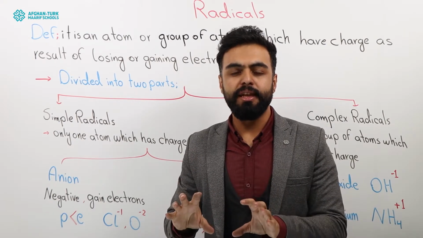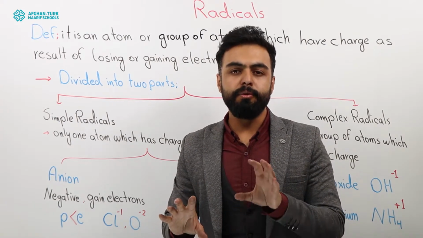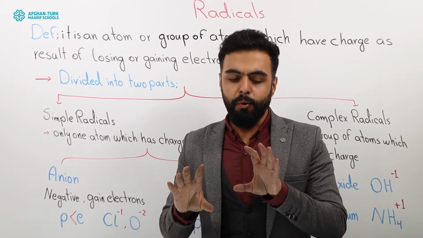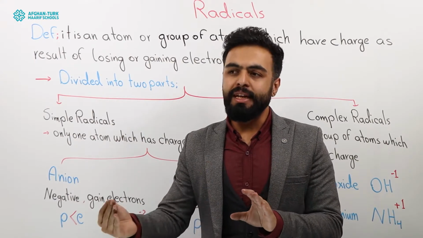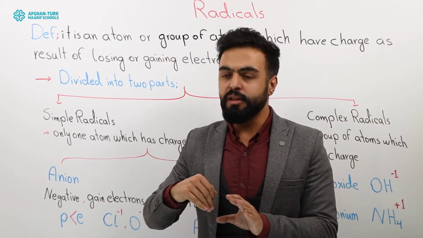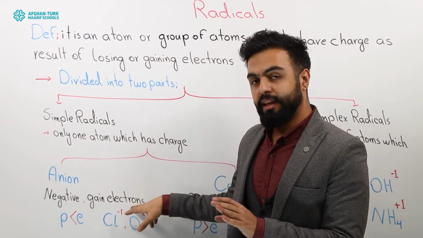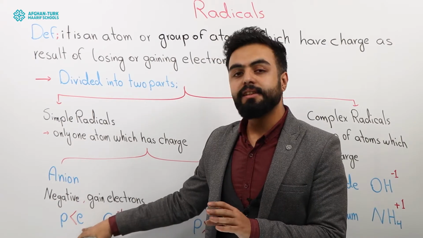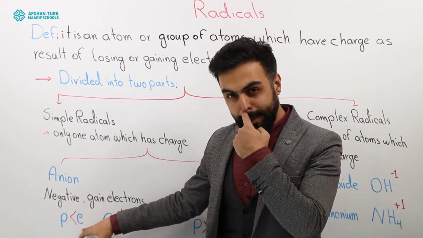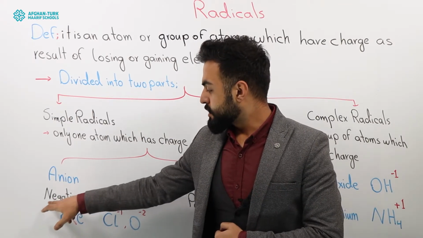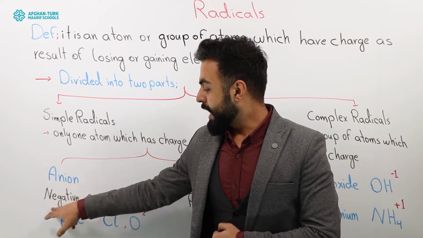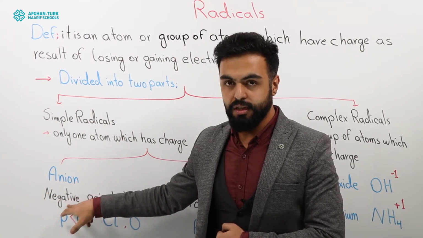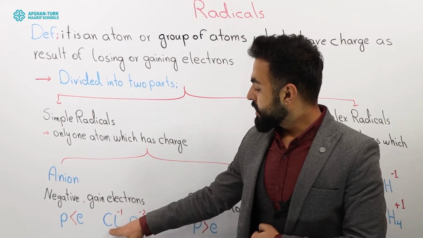Atoms normally have the same number of protons and electrons. So when an atom gains electrons, the number of protons in that atom is less than the number of electrons. So anions have a negative charge, like chlorine.